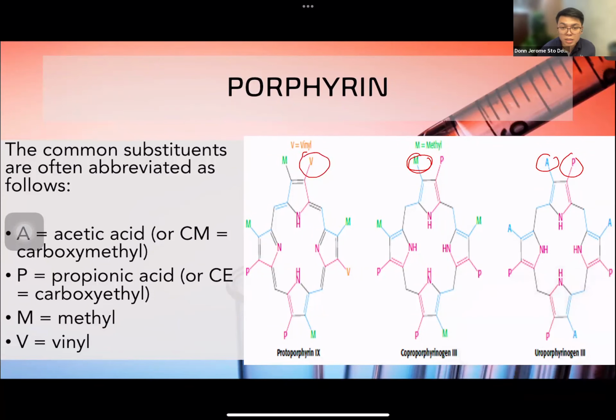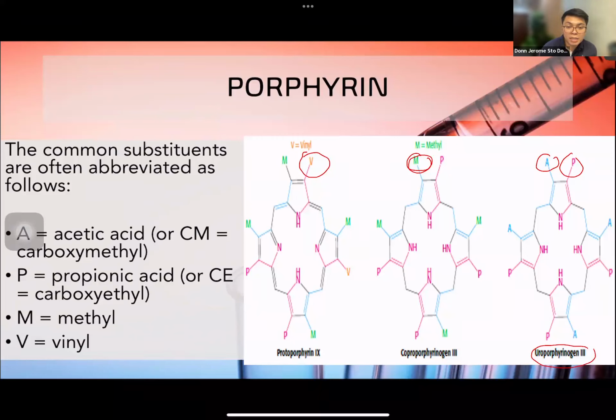On your right, you see the different porphyrins important in humans. You have uroporphyrinogen that has 4 acetate and 4 propionate side chains. You have coproporphyrinogen, which has 4 methyl and 4 propionate side chains, and protoporphyrin 9, which has 4 methyl, 2 propionate, and 2 vinyl side chains.